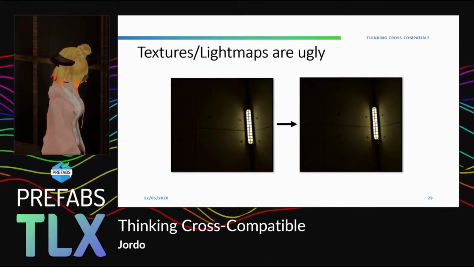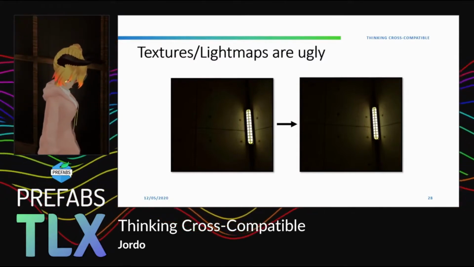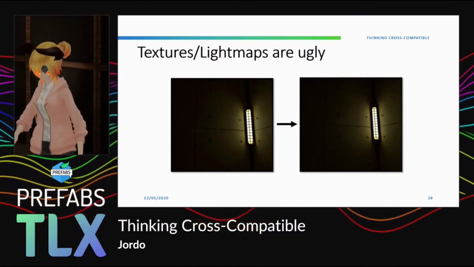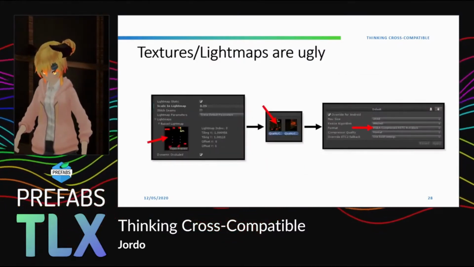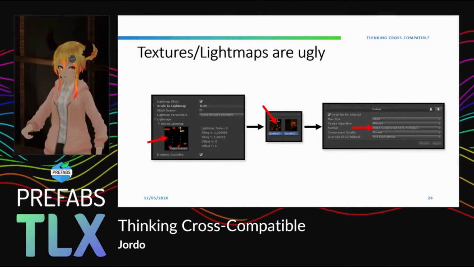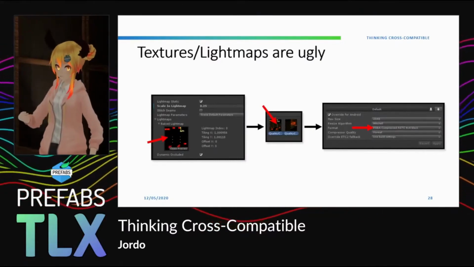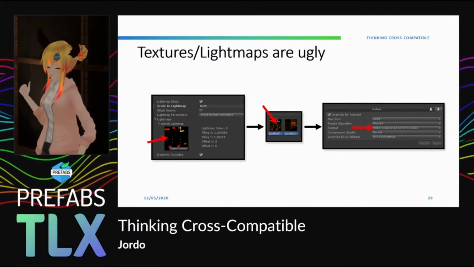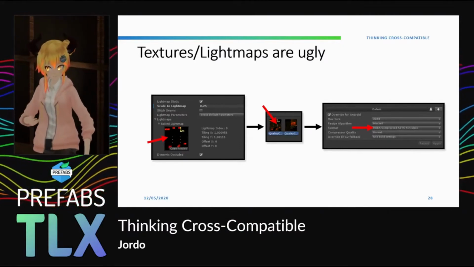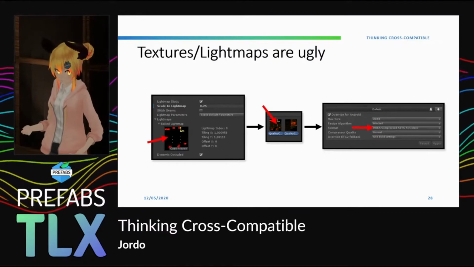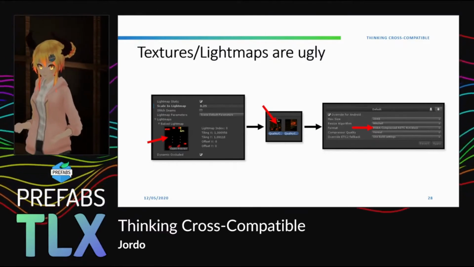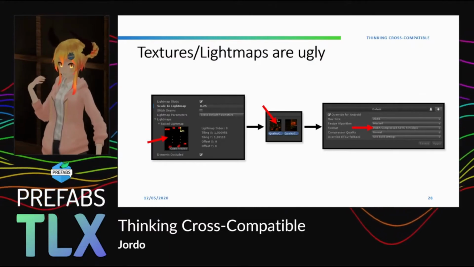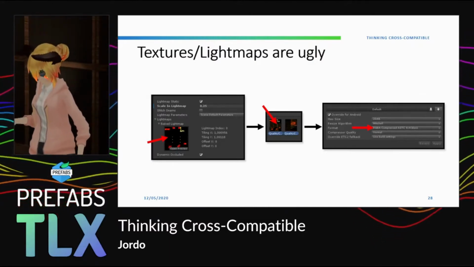And basically, usually that's because the texture is using ETC on the left. So you would just change it to ASTC by clicking on the object, going in the light map dropdown, clicking on the light map, selecting the light maps, and overriding it. Although I believe if you have the build setting already set, it should automatically set it to ASTC, but still check. If your light maps are ugly, that's probably why.